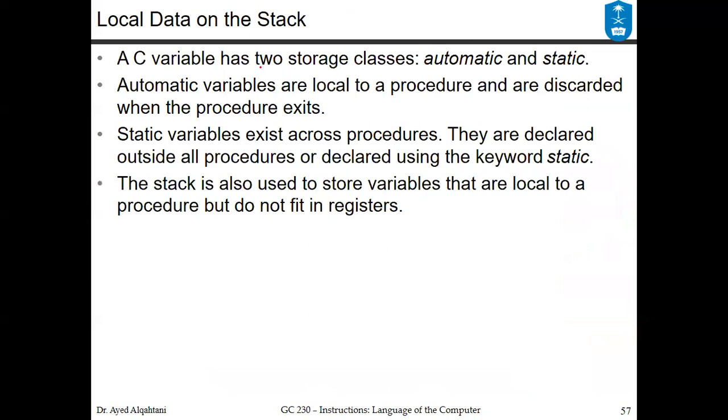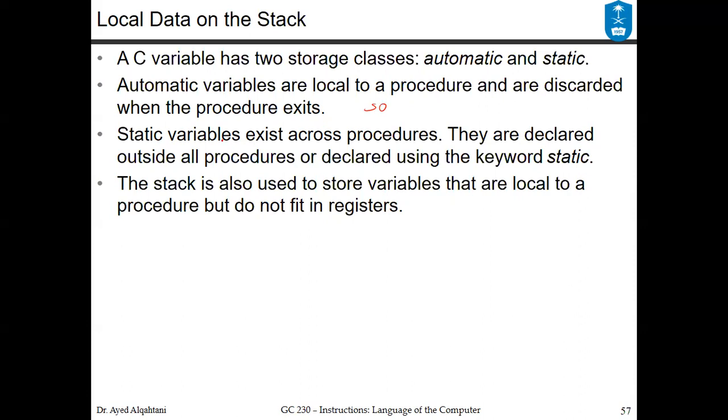Now, the local data on the stack. A C variable has two storage classes, the automatic and static. The automatic variables are local to a procedure, like the S0s and the temporary values, and are discarded when the procedure exits. If you care about a certain value, like the S0, you should save it or push it in the stack at the beginning and pop it at the end.